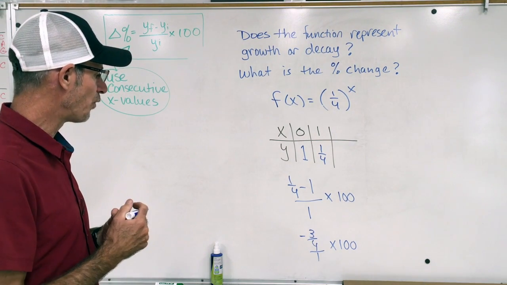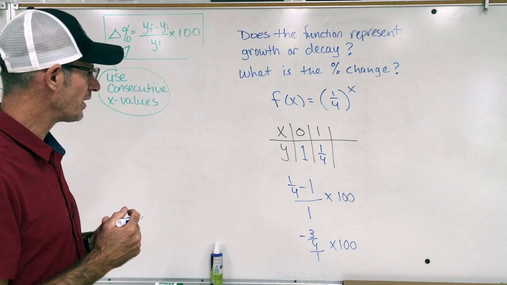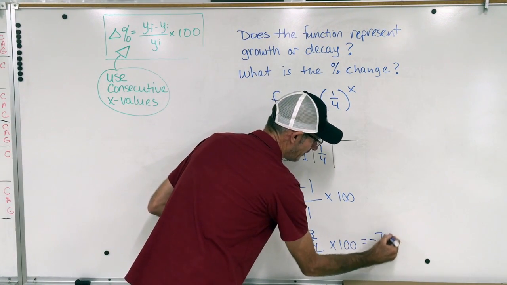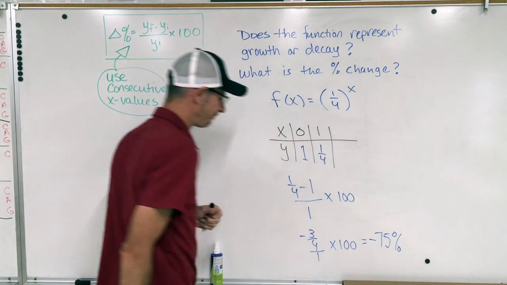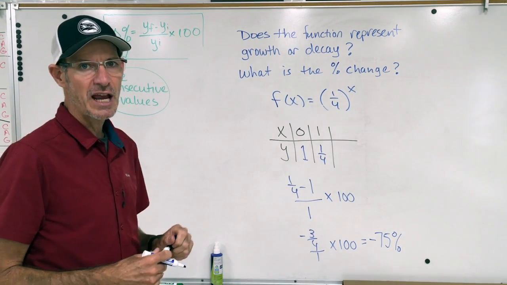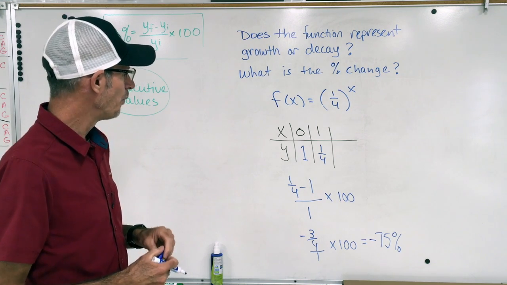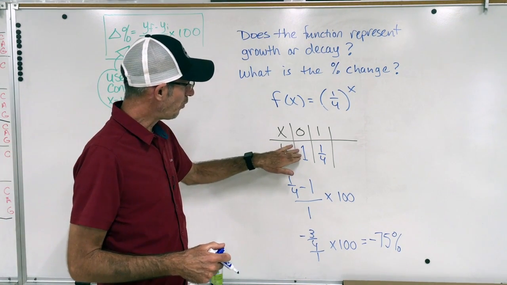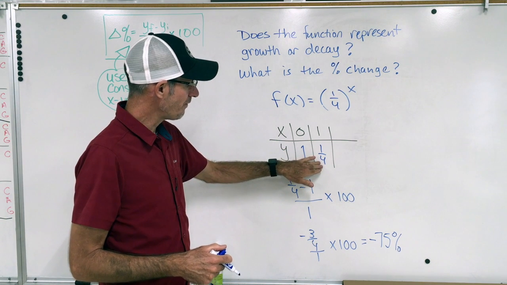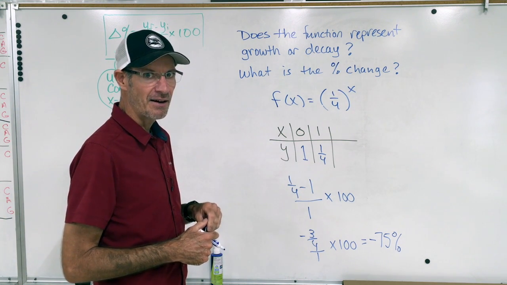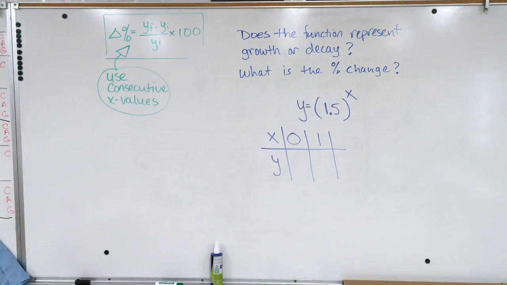And then negative 3/4 times 100, if you turn it into a decimal, will be negative 75%. So the percent change in this problem is a negative 75%, which means when you go from 1 to 1/4, you have lost 75% of the value that you had.